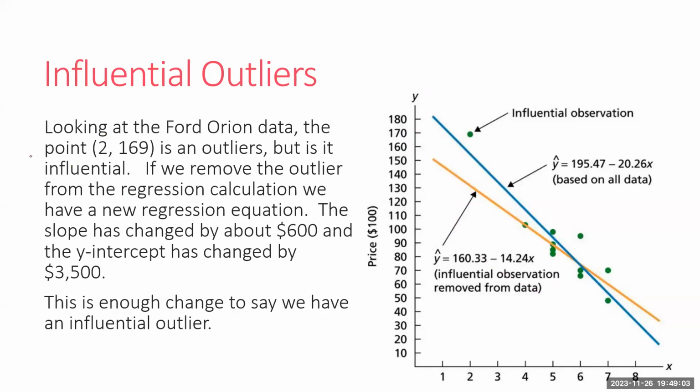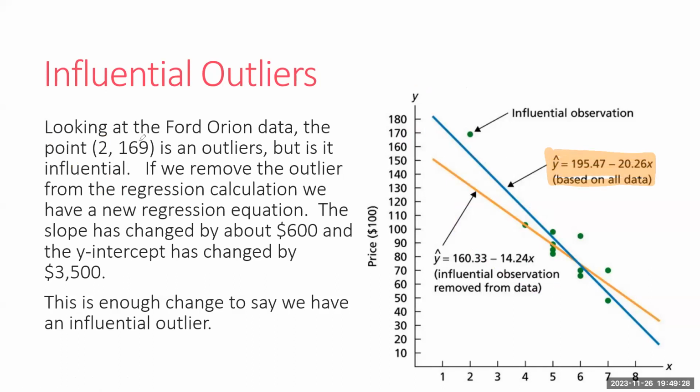So what we have here is that if I keep all my data, we saw this last time, that my regression equation was 195.47 minus 20.26x. That's what we found last time when we dealt with this Orion data.